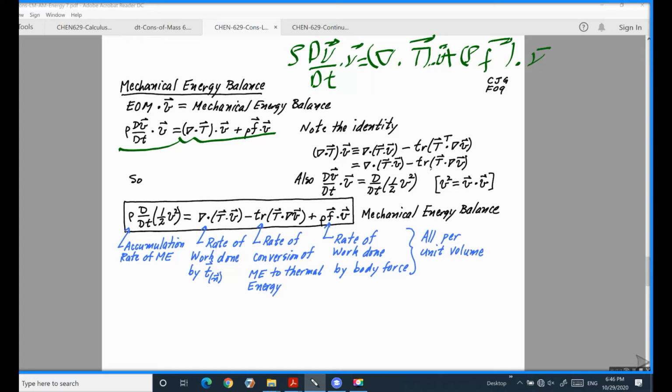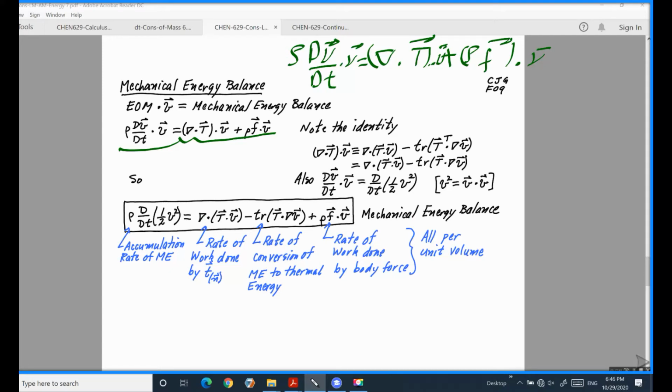Then we obtain that one. Then we can write that is equal to d over dt of one half v square. From here, we can write like this. Then from the density d over dt, we can write that term and that term.